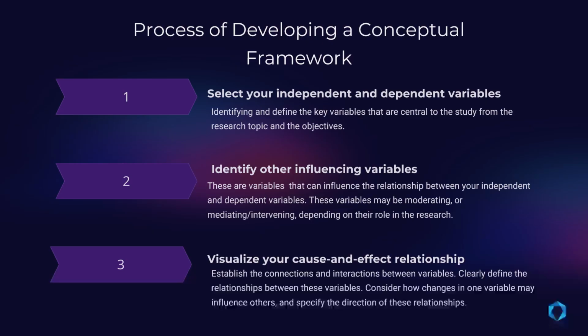Consider how changes in one variable may influence the other variables. Okay? And then you specify using arrows the direction of this relationship. And there you have it. You have your conceptual framework.